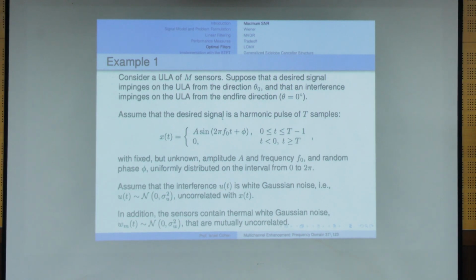Example, did we see this example yesterday or not? No? Okay. So in this example, suppose that we have a signal like this.